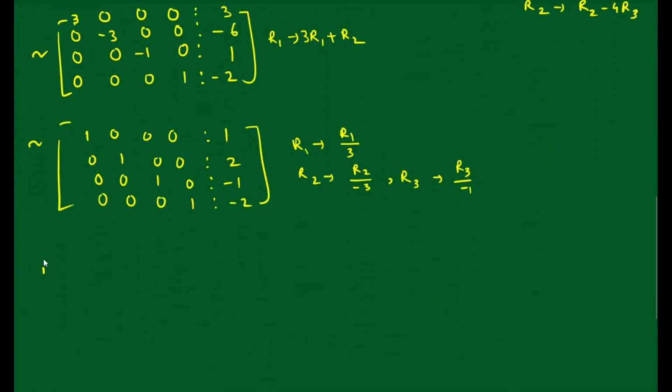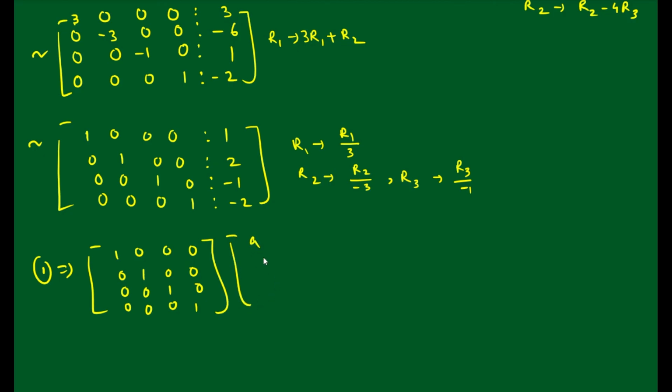Okay, so therefore equation 1 implies, in place of A, what we'll write? 1, 0, 0, 0, 0, 1, 0, 0, 0, 0, 1, 0. Okay, then our variables are a, b, c, d, and on the right hand side we have 1, 2, -1 and -2. So multiply करने से क्या आएगा?